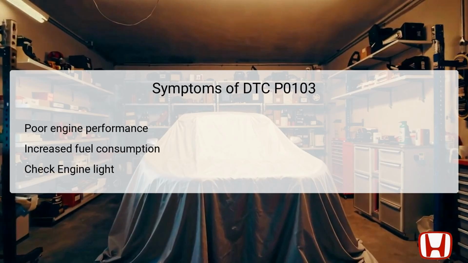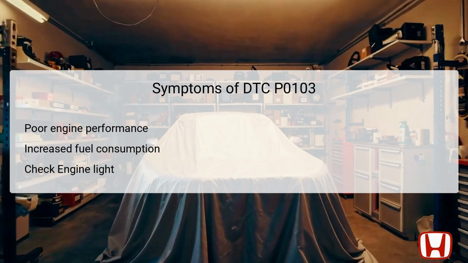DTC P0103 often leads to several noticeable symptoms in the vehicle's operation. Drivers may experience poor engine performance, which includes hesitation or stalling during acceleration. The vehicle may also exhibit increased fuel consumption, as an incorrect air-fuel mixture can lead to engine inefficiency.